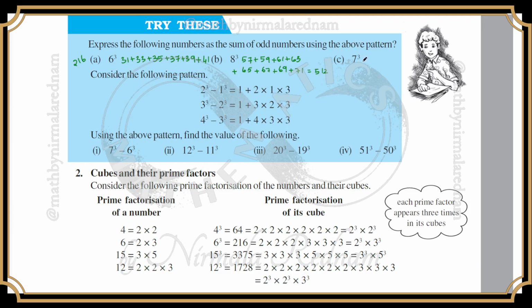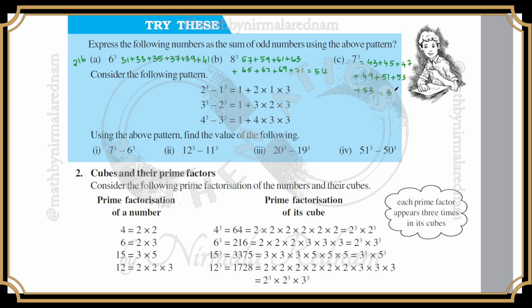Next I have 7. So I'm going to start with 7 into 6, 42 plus 1, 43. So I will start with 43. I'm going to write down 7 odd numbers. And what is the sum going to be?